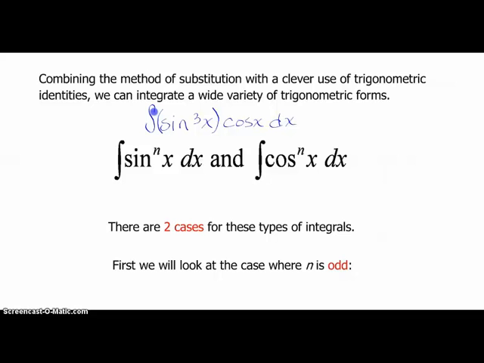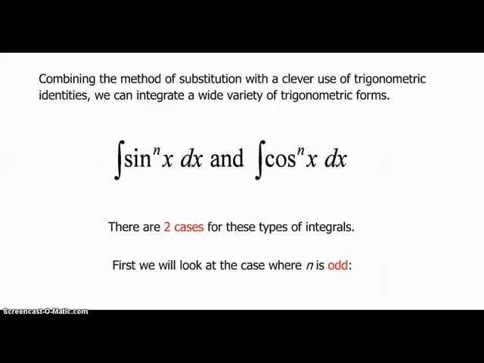In other words, we've had a u substitution where what was being operated on was u, and the derivative of that was definitely in there, so we could rewrite this integral equivalently as u cubed du.